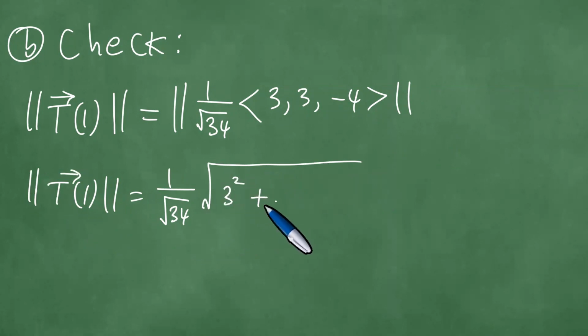And this is the square root of 3 squared plus 3 squared plus minus 4 squared.